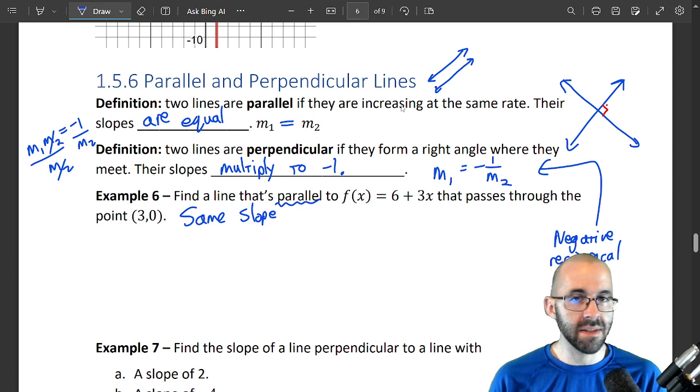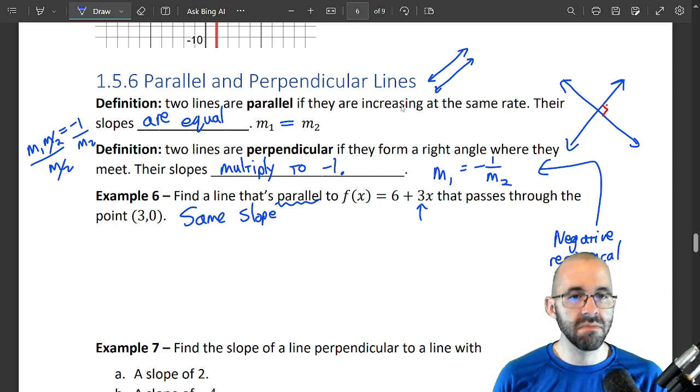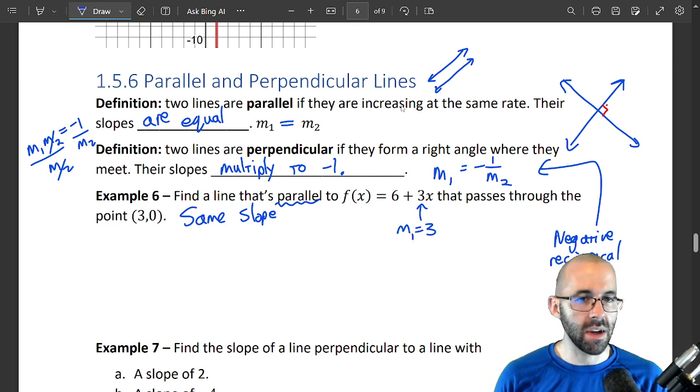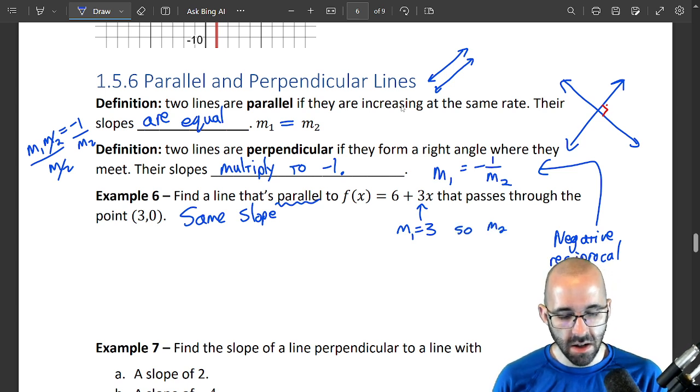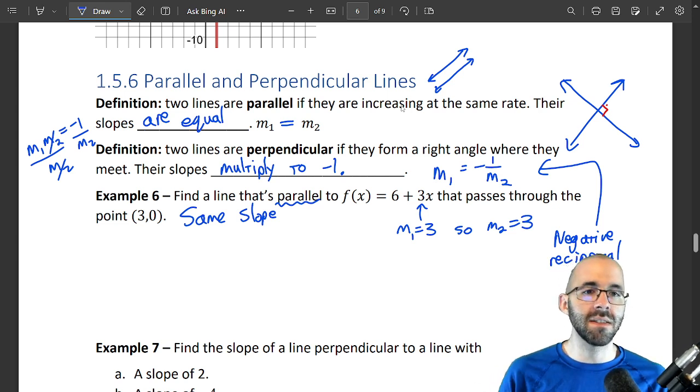Right? Parallel means same slope. So what's the slope of this line? The slope of the first one is 3. So the slope of our line that's parallel will also be 3, because that's what parallel means, same slope.